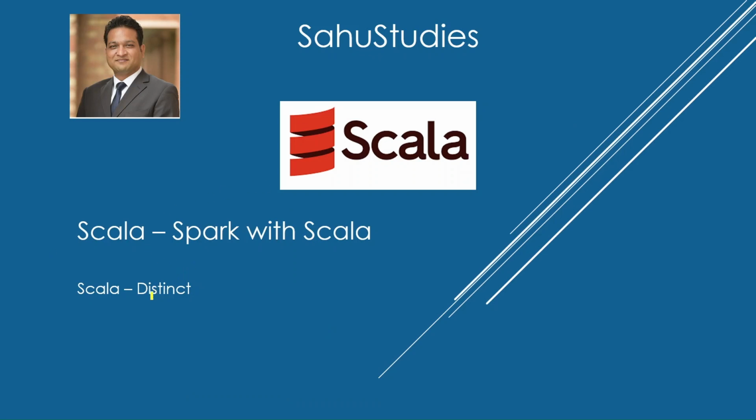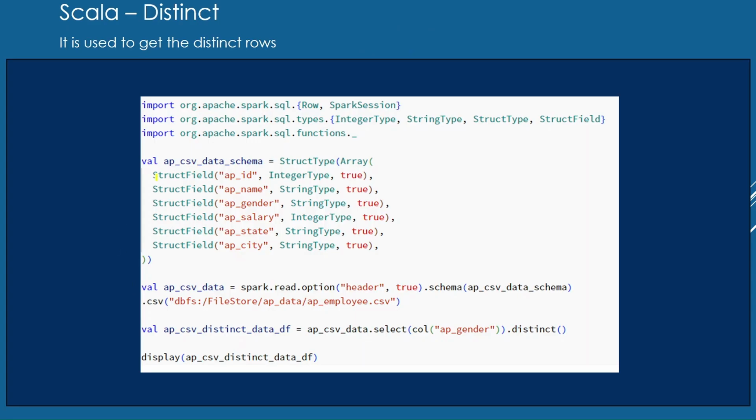In this video, I am going to discuss the distinct function in Scala. So why do we use the distinct function? It is used to get the distinct rows. For instance, suppose we have a data frame with multiple columns, and you want to figure out what the unique values are in a particular column.